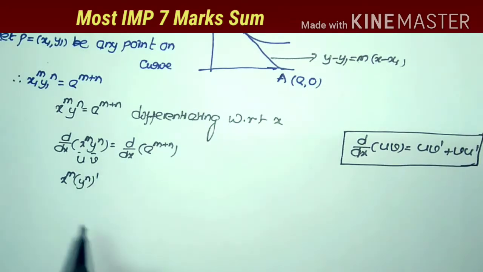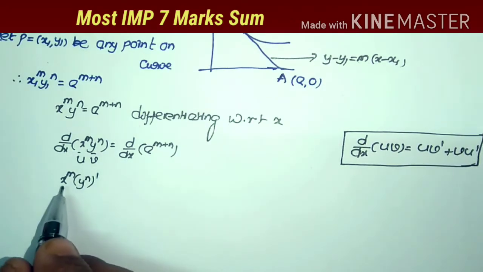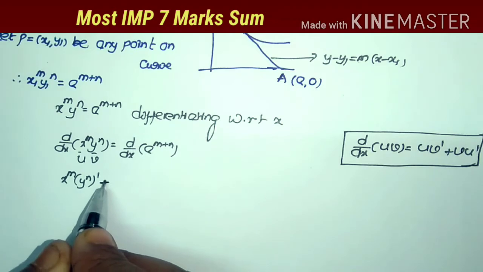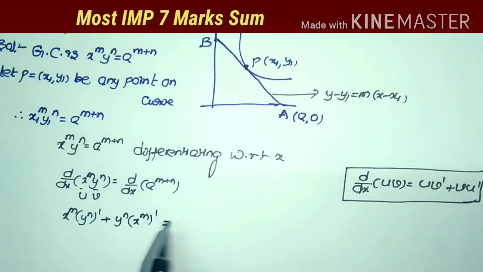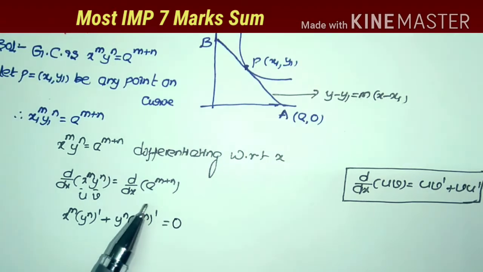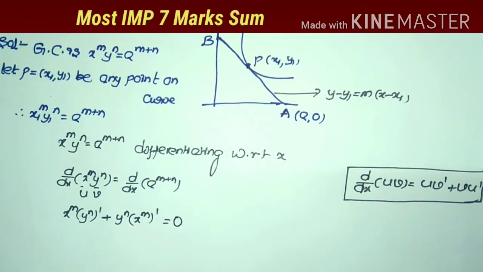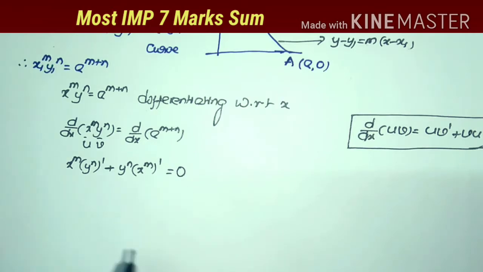Now applying that formula here: x^m (y^n)' + y^n (x^m)' = d/dx of a^(m+n). This total value is a constant, and d/dx of a constant is 0. a is a constant, so the derivative of a^(m+n) is 0.